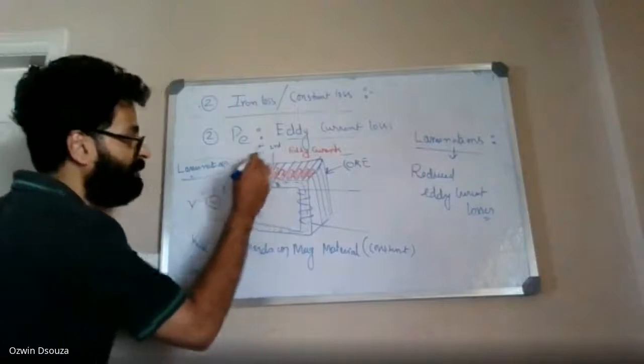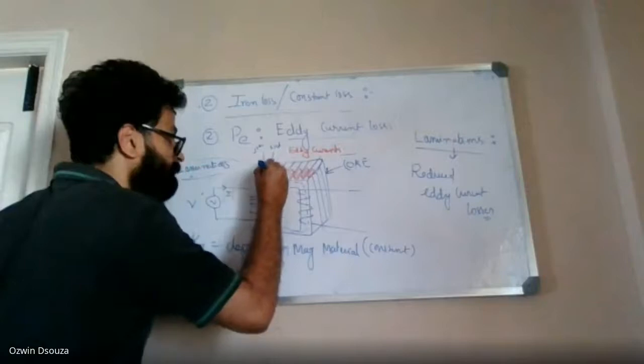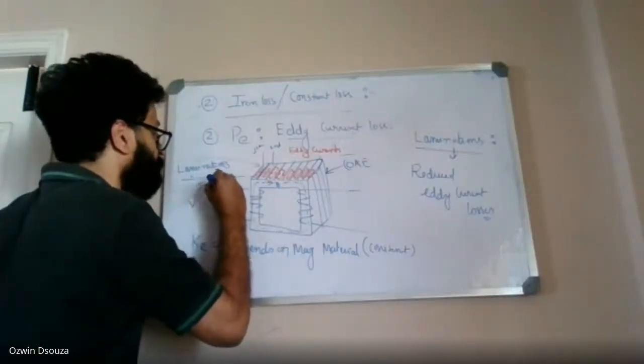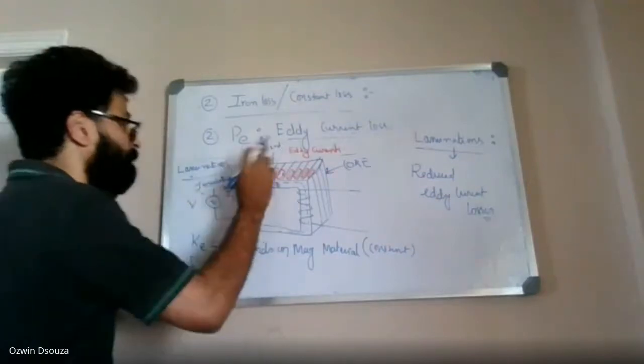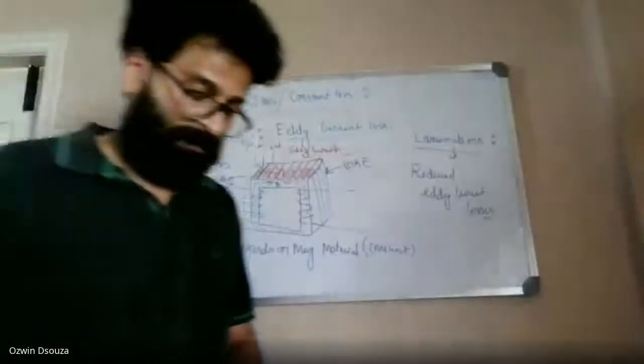Between the first lamination and second lamination, you will have an insulation. So this is your insulation. This is how we can reduce the iron losses.